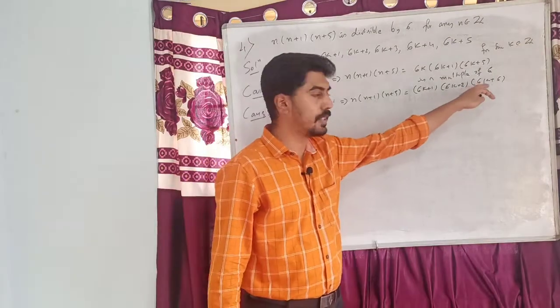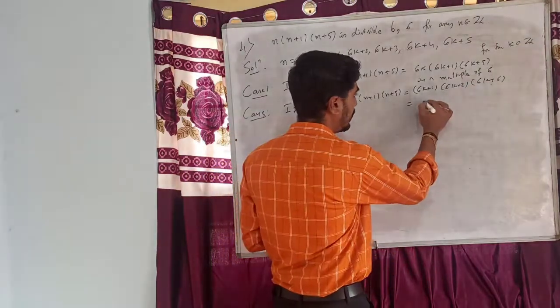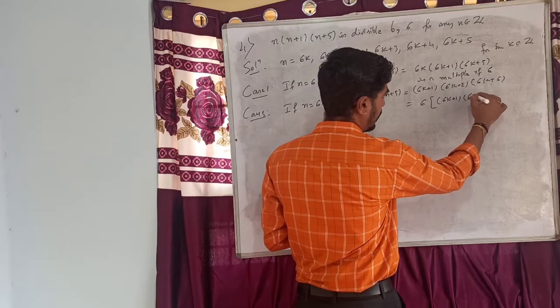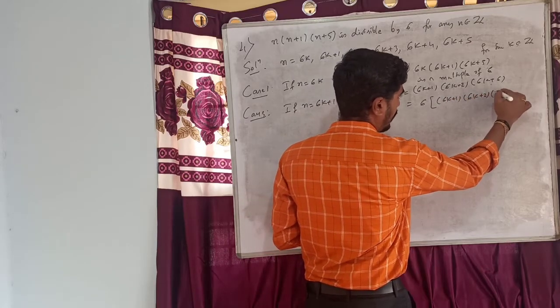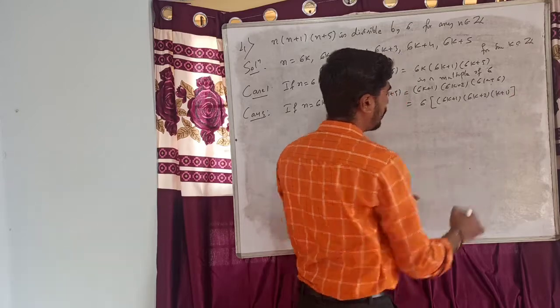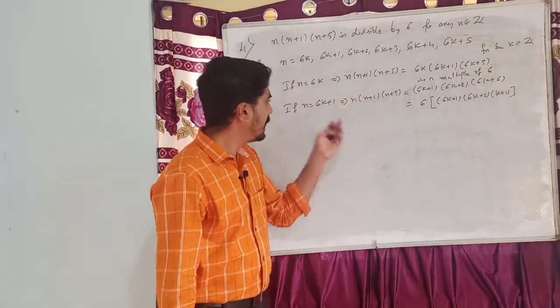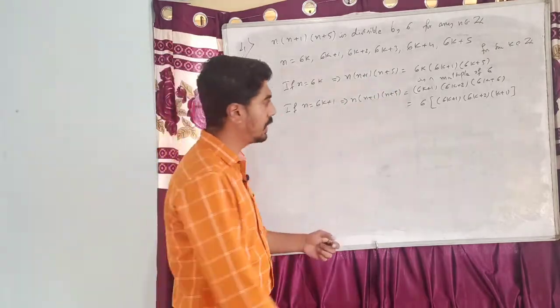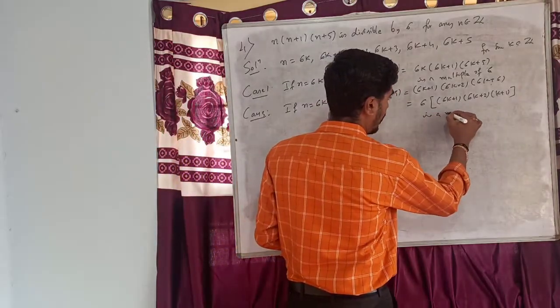Here I can take 6 as common, so I get 6 into 6k plus 1 into 6k plus 2 into k plus 1. This is an integer. Again we are getting that n into n plus 1 into n plus 5 is a multiple of 6.